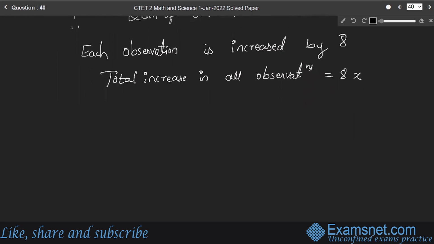Say for example, number of observations, let it be 1, 2, 3, 4, 5, 6. In the second case, each observation is increased by 8, then it will be 9, 2 plus 8 is 10, 11, 12, 13, 14. So then total increase in all observations will be 8 into x.